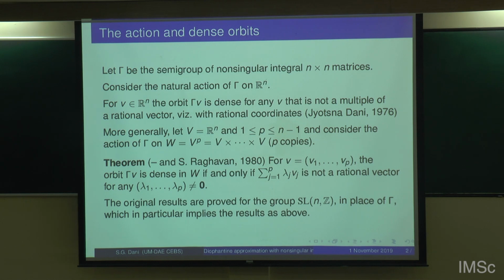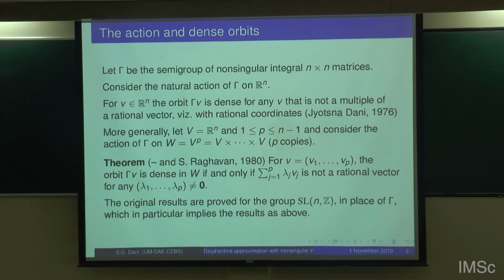Now in this case, you will notice that if you have a certain non-trivial linear combination which is a rational vector, then again density is going to fail, because the same linear combination is only ever going to produce rational vectors, and the denominators will stay bounded.